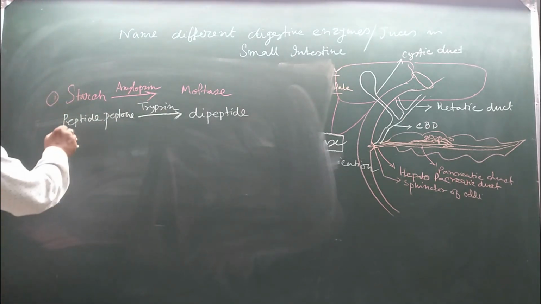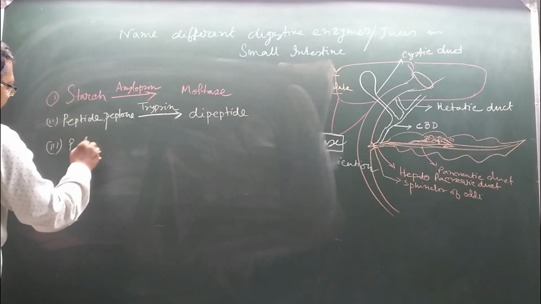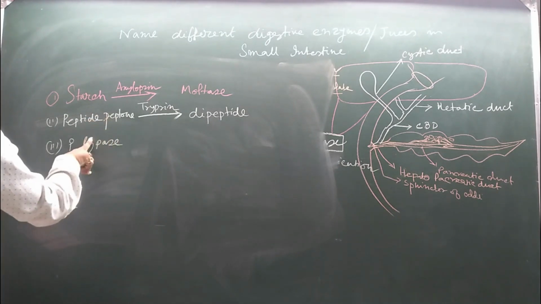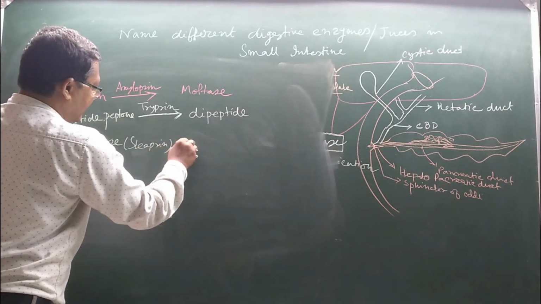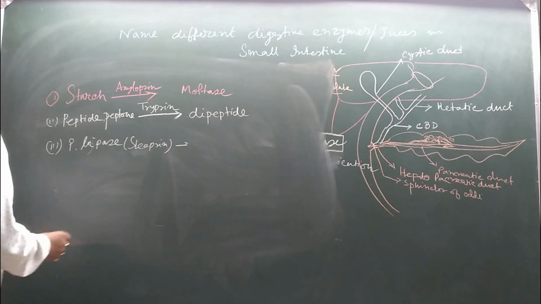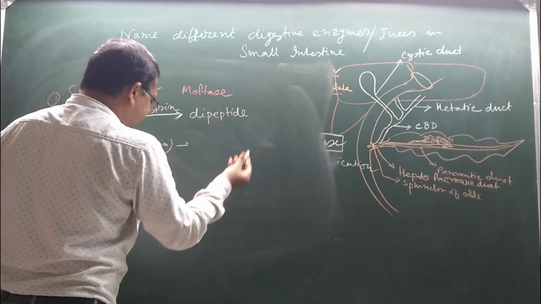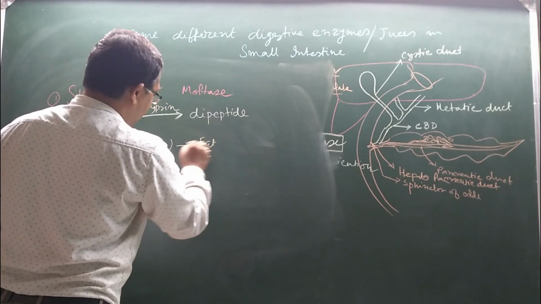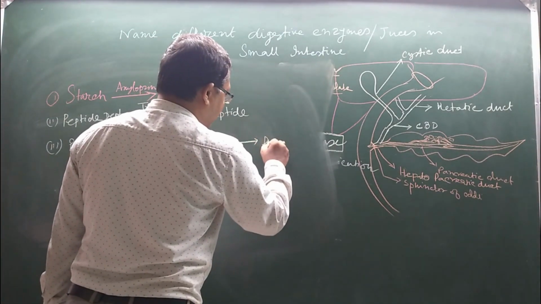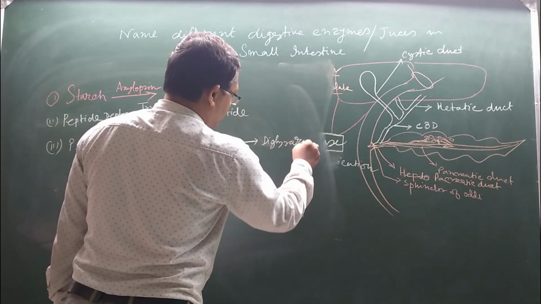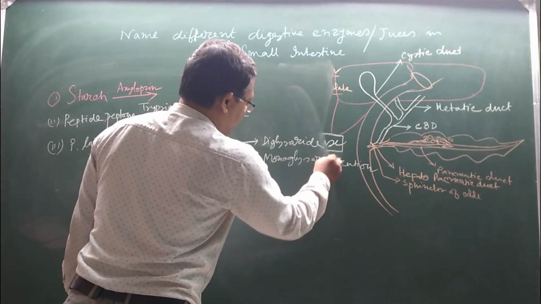Third enzyme, the pancreatic lipase. This pancreatic lipase acts on small micelles of fat, and this fat is transformed into diglyceride and monoglyceride.